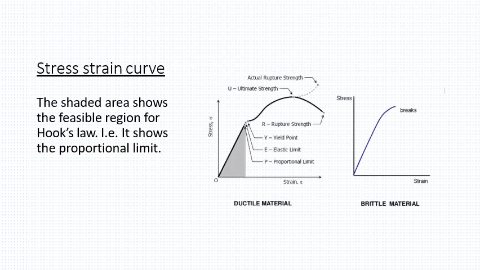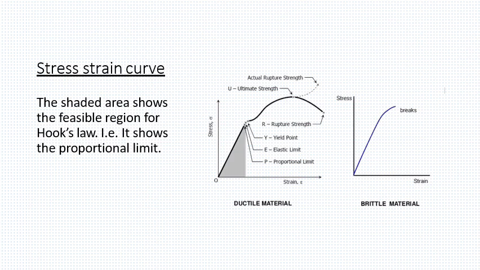The stress strain curve for a brittle material will be like this. It won't have any indications or any stages, so suddenly it will break. For a ductile material we have different stages: yield stage, ultimate, and breaking.